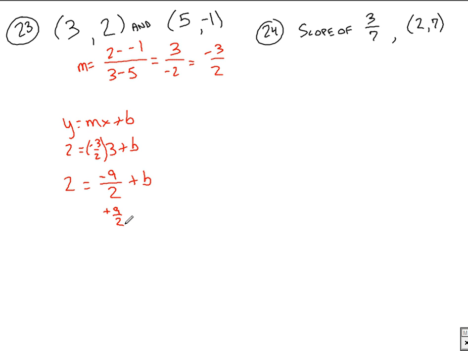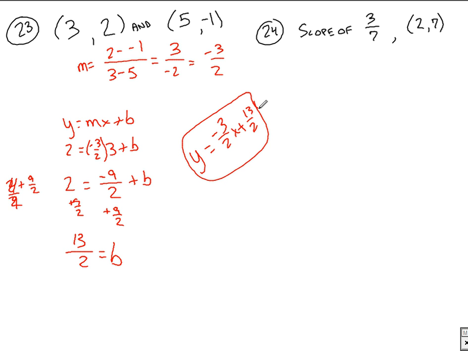I'm adding positive 9 over 2 to both sides. To do that, I need to have a common denominator. So I have 2 plus 9 halves. I need to make this a denominator of 2, which means the numerator would be 4. So 4 plus 9 gives you 13 over 2 for your b value. So that's why your final answer here is y equals negative 3 over 2x plus 13 over 2.